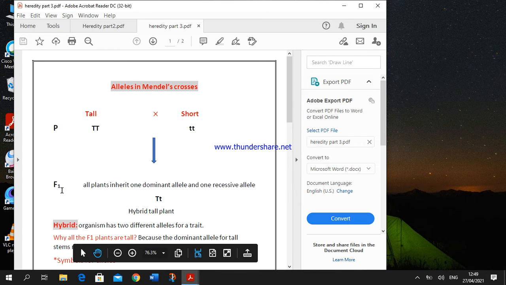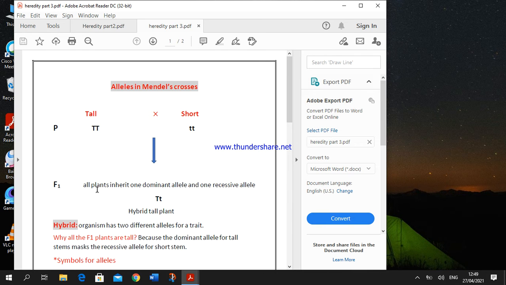In F1, the first generation, according to Mendel's experiment, all plants inherit one dominant allele, T capital, from the tall parent, and one recessive allele, T small, from the short parent.